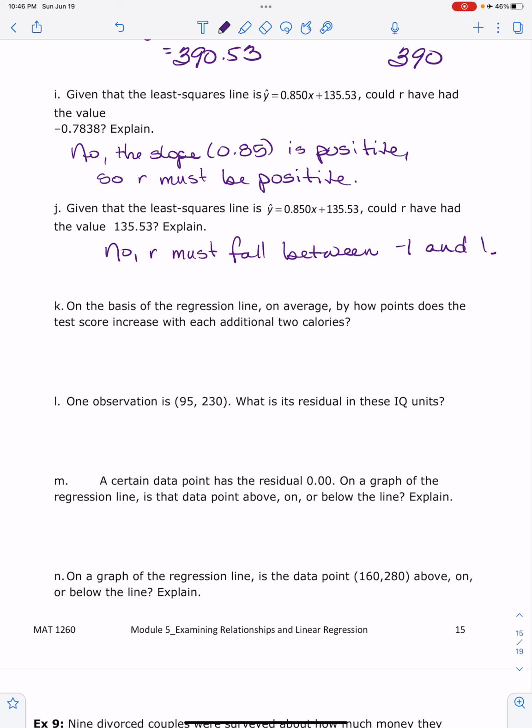Okay, on the basis of the regression line, on average, by how many points does the test score increase with each additional 2 calories? Sorry about the typo there. So it was 0.85 for 1 calorie. So we're going to multiply that by 2.